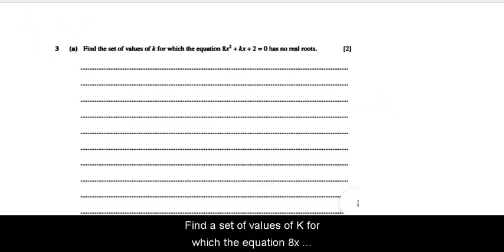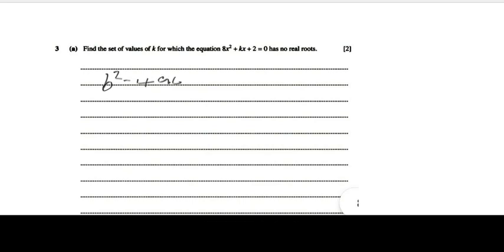Find a set of values of k for which the equation 8x squared plus kx plus 2 has no real root. Discriminant. Okay, so for us to find that for which it has no real root, discriminant is b squared minus 4ac. It must be less than 0 for it to have no real root. So here is a, this is b, and this is c.